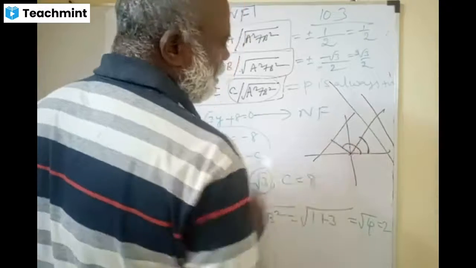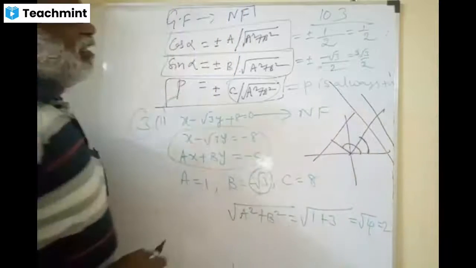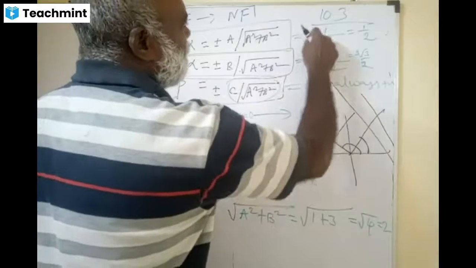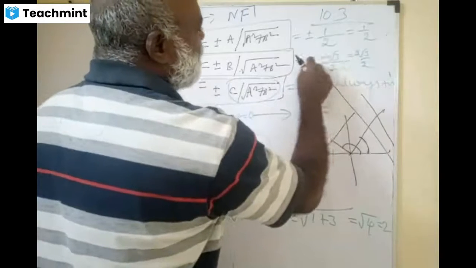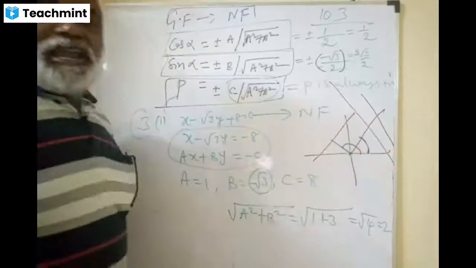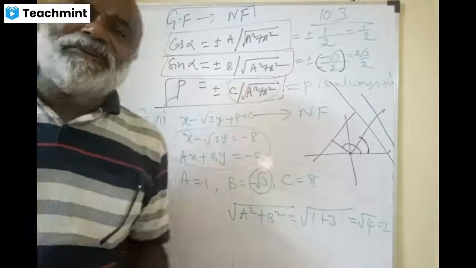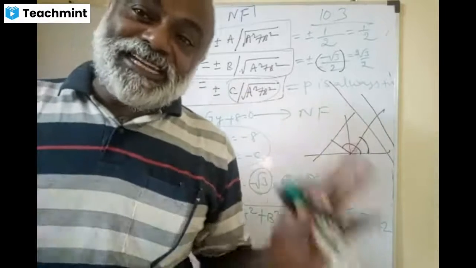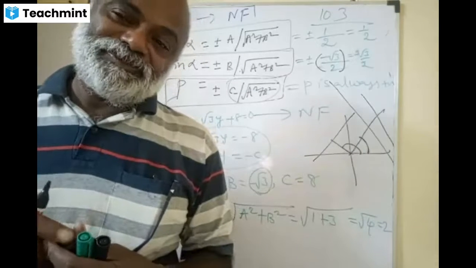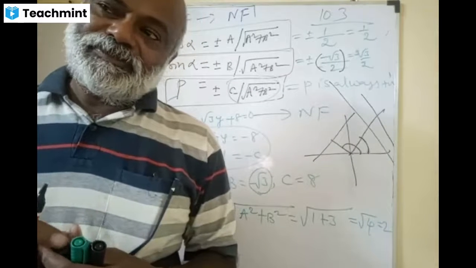Whereas if I take a plus here and plus here, this becomes 1 by 2, and this becomes plus into minus, minus root 3 by 2. Sine is negative in the third and fourth quadrants.